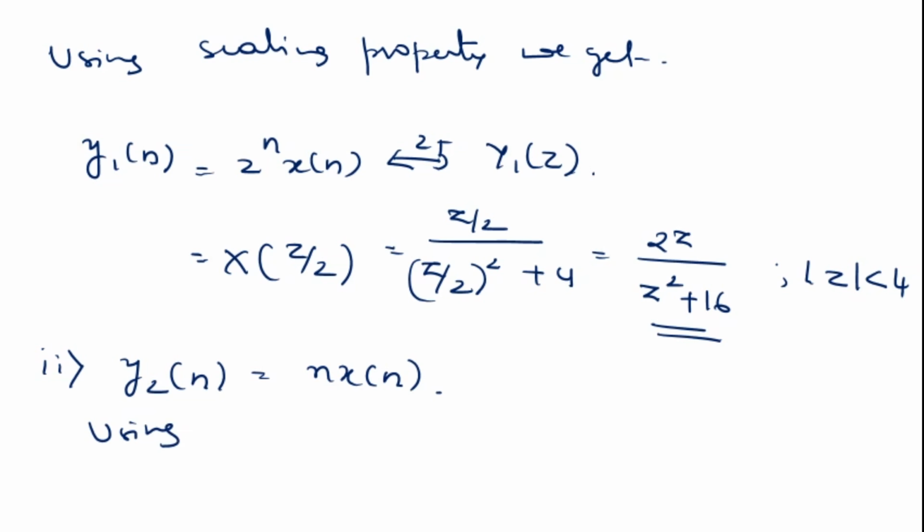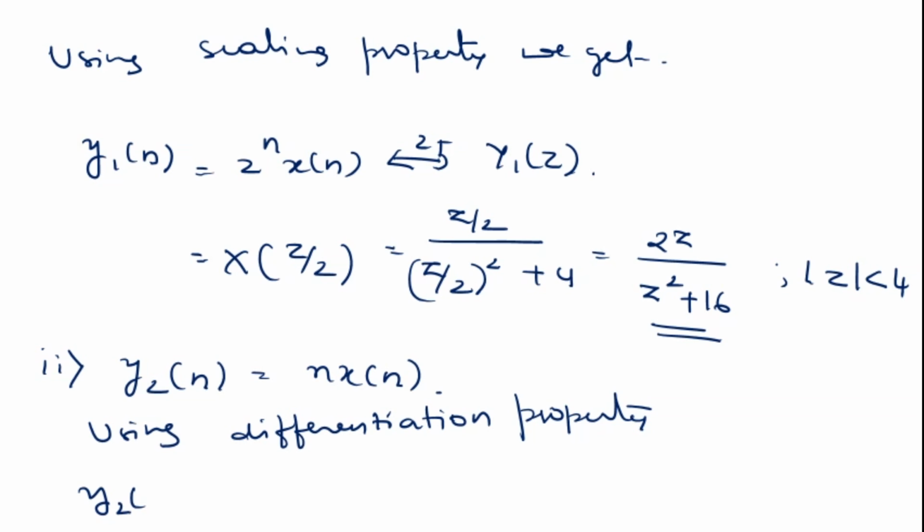Using differentiation property, we get y2 of n is equal to n into x of n.